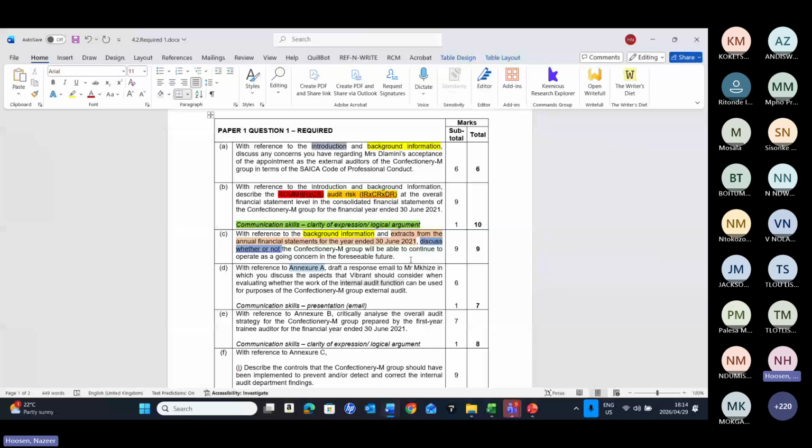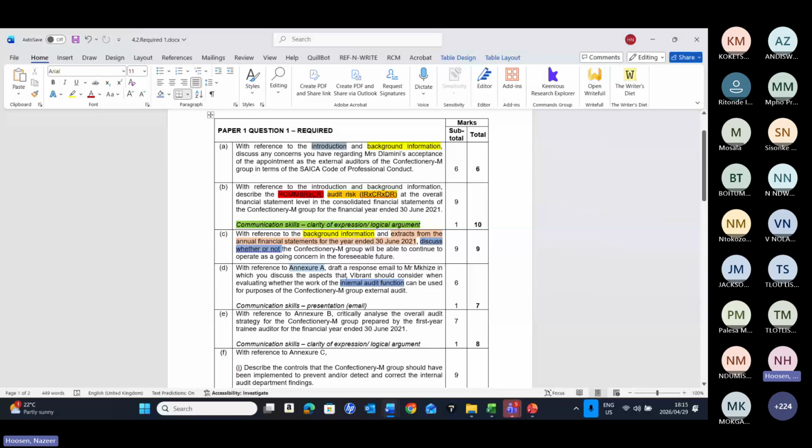So with reference to Annexure A, draft a response email to Mr. Mkize in which you discuss the aspects that Vibrant should consider when evaluating whether the work of the internal audit function can be used for the purposes of the confectionery M group external audit. Communication skills mark.